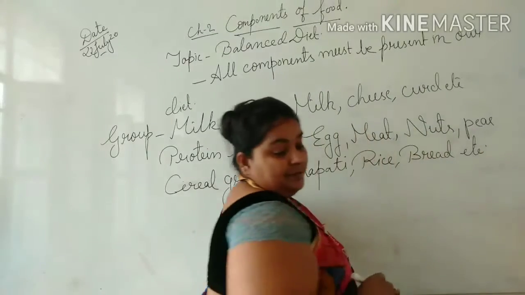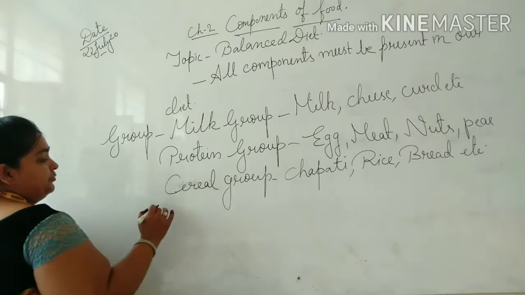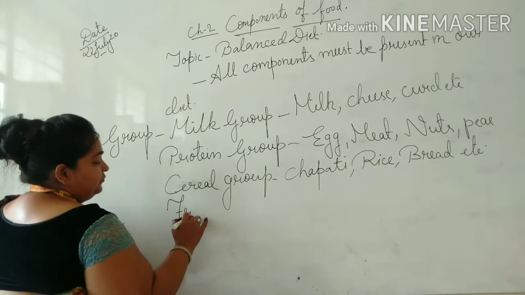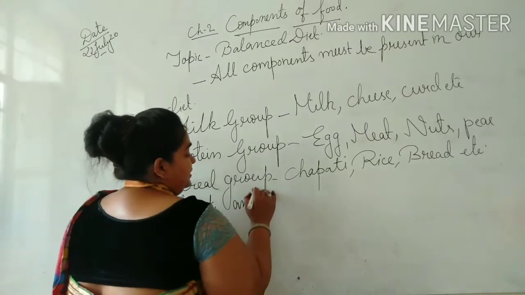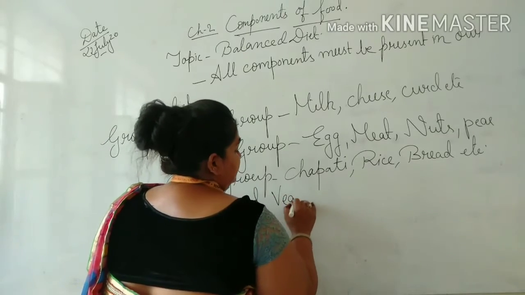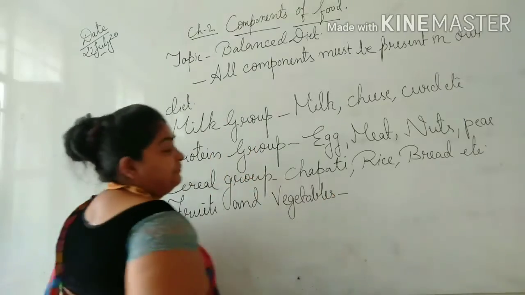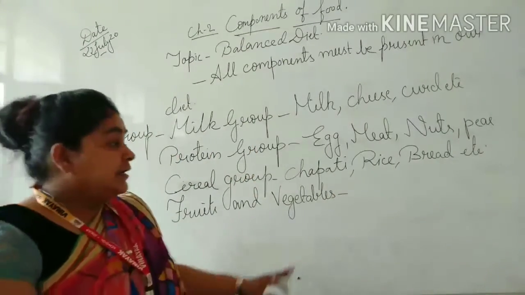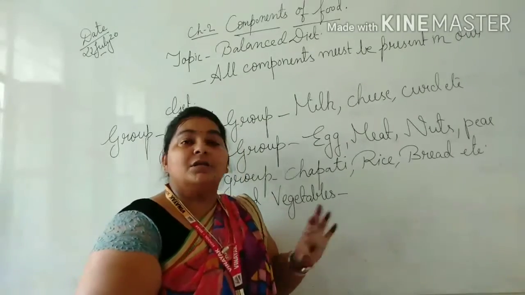The last but not the least is fruits and vegetables. These are also an important group. Mostly fruits we are supposed to take raw, isn't it? We don't have to cook them. But vegetables are usually cooked.